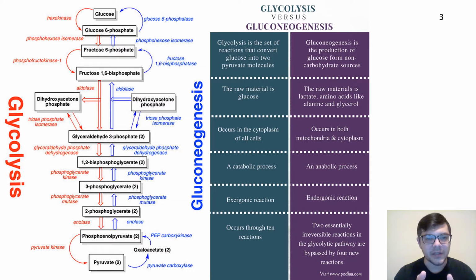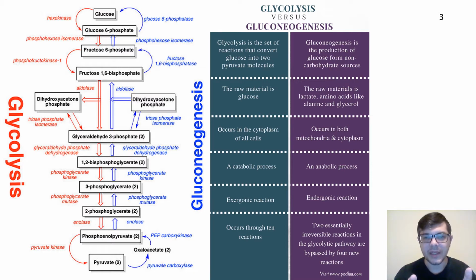Well, if you look at gluconeogenesis on the bottom right of the left picture, then you will see that pyruvate will actually work with pyruvate carboxylase to create the oxaloacetate, which is used in the Krebs cycle.